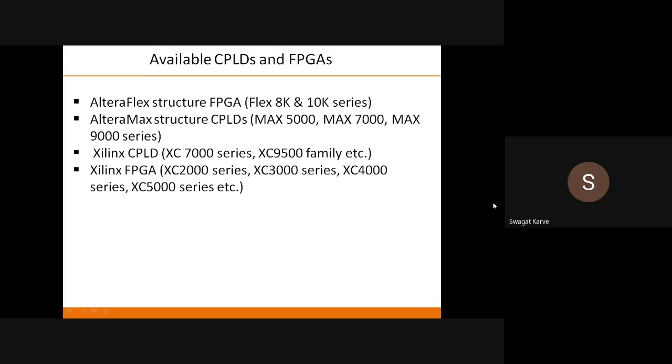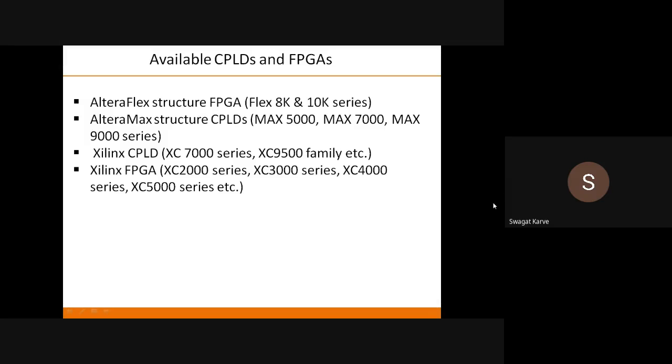Now, depending upon which one is programmable, you can categorize the PLD into 5 types, right? If both are fixed, AND array is fixed and OR array is fixed, then it is a ROM, read only memory. If both are programmable, AND array is programmable and OR array is programmable, then it is a PLA, programmable logic array.